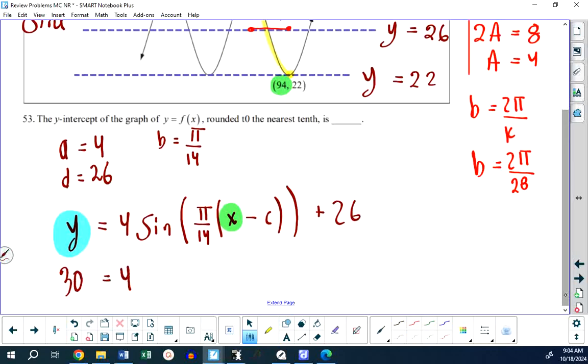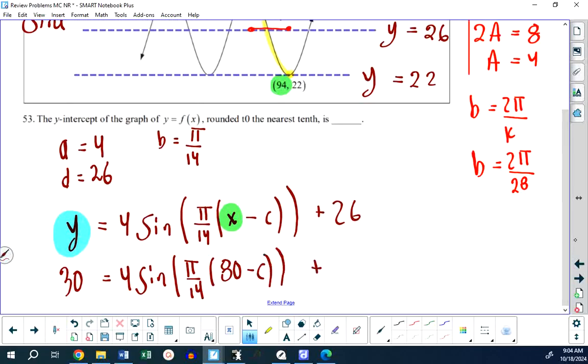This is equal to 4 times sine of pi over 14 times x, which is 80, and then plus 26. Now, we'll double check that: y is 30, x is 80, yep, 4, okay, we're okay.